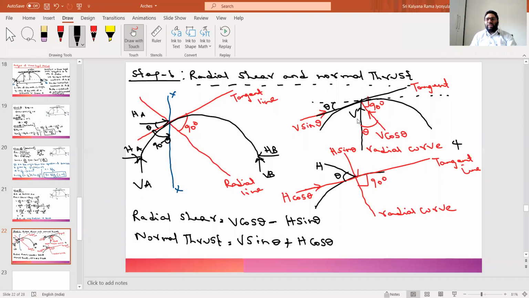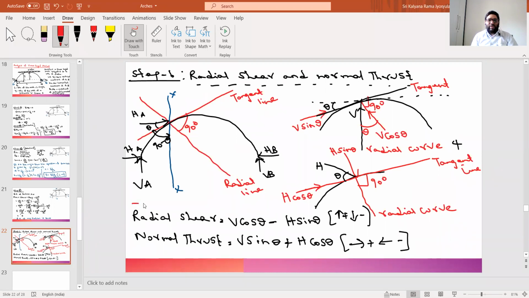So what does that mean? The shear force corresponding to both sections: upward is positive, downward negative; right positive, left negative for both. So for both, V cos theta is upward, that is positive, H sin theta is downward, negative, and V sin theta plus H cos theta.